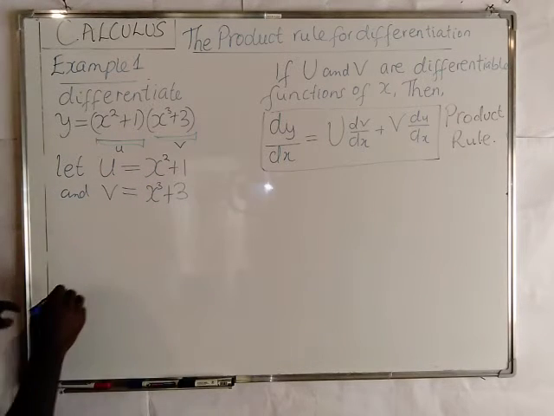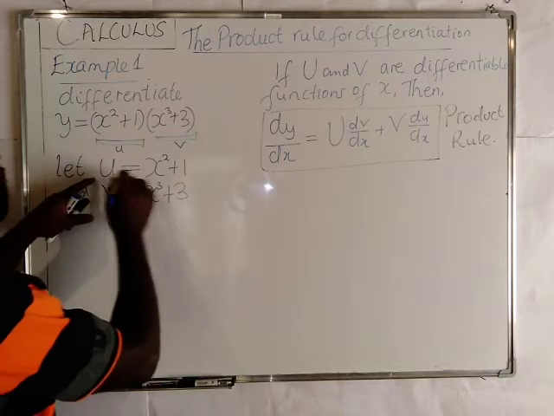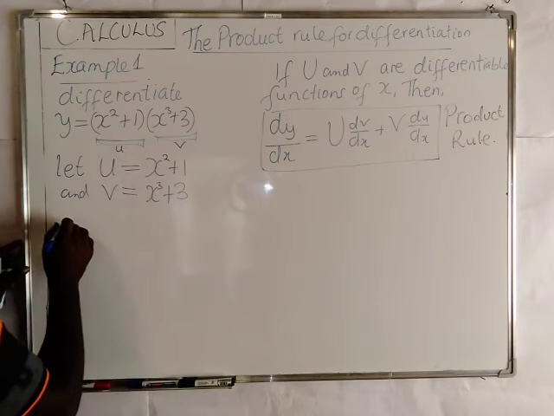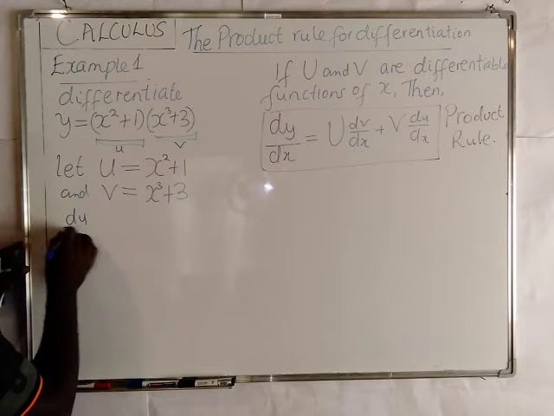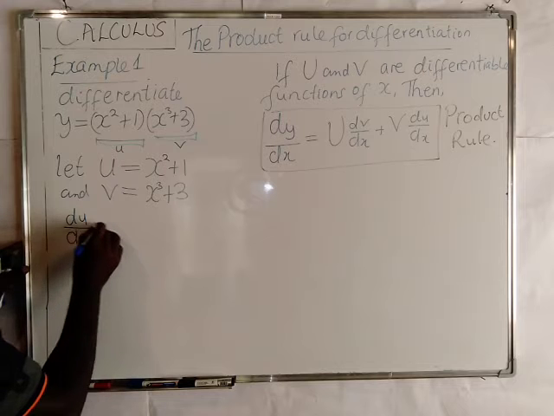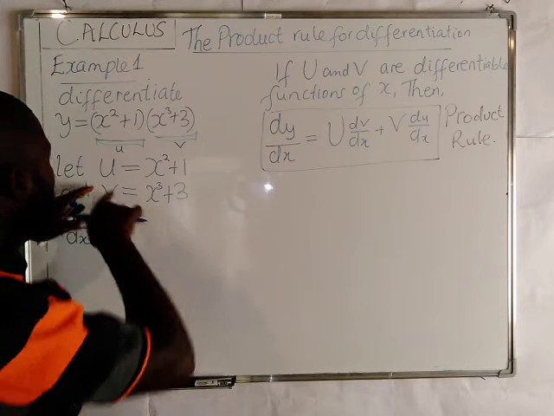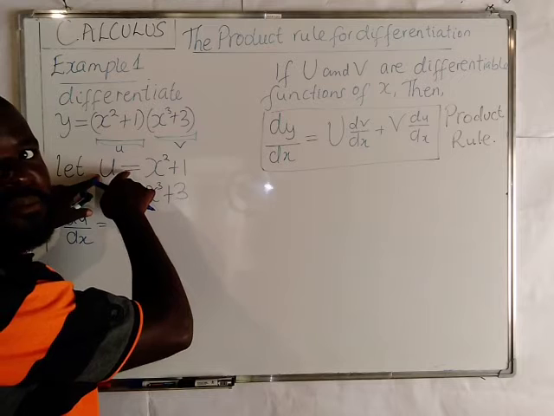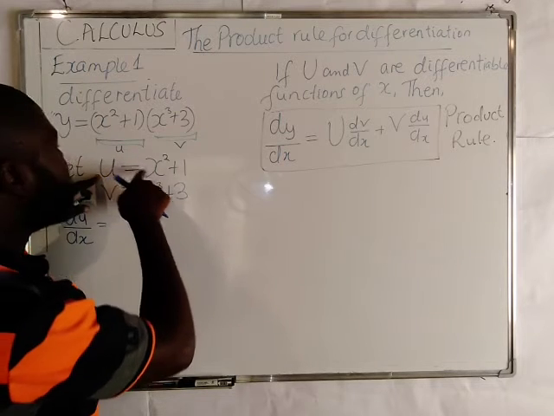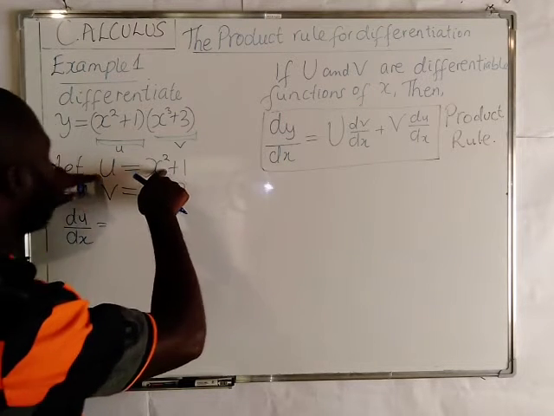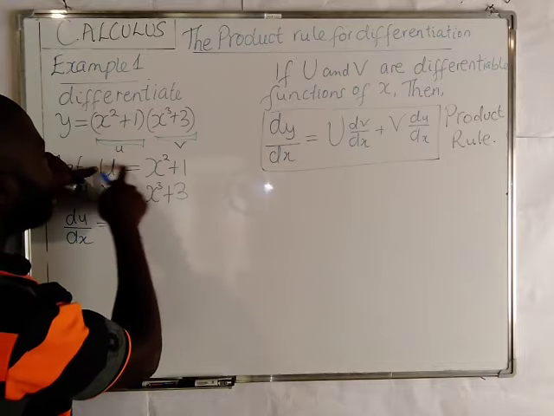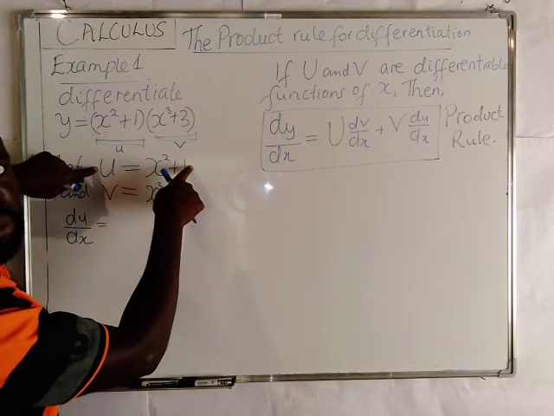Now, since we have u, we need also to get du dx. It means we need to differentiate this function u with respect to x.